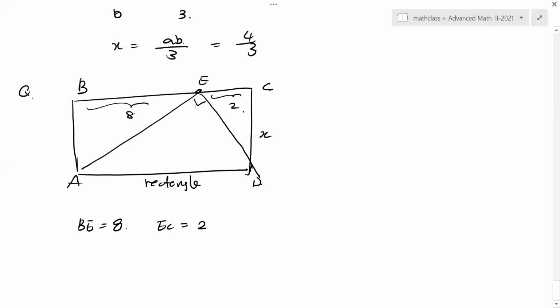We have to find the width of the rectangle. Find AB, which is CD, which is X. Find the width.